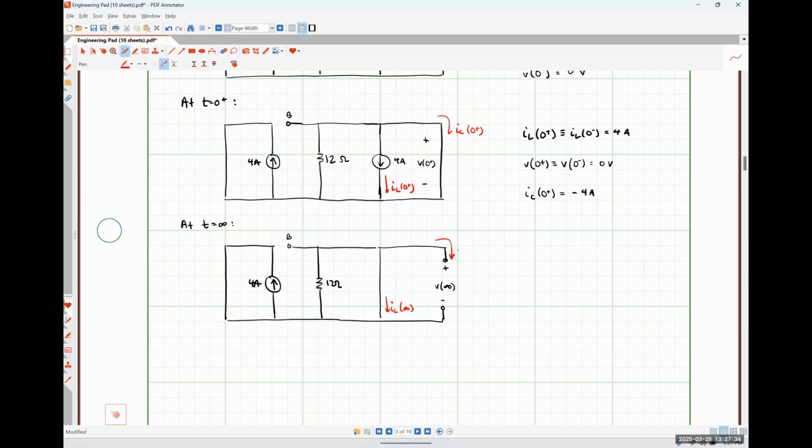And here's IC at infinity. We can see by inspection, IC at infinity is 0 amps. V at infinity is 0 volts. And I believe we can all agree that IL at infinity will also be 0, because there's no source connected to push any current through that short circuit.